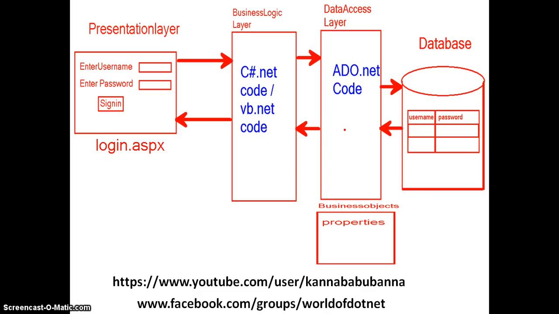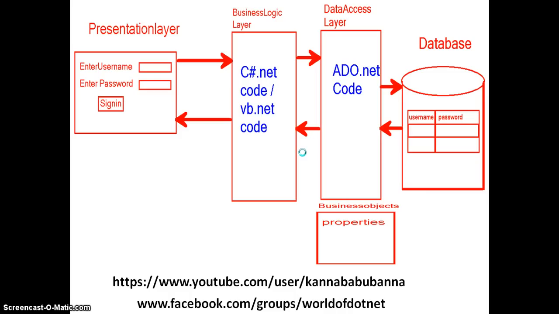Here the presentation tier receives the input and displays the output, the business logic tier processes the business logic and makes the calculations, and the database tier stores and manages the data, whereas the data access layer is generally used to interact with the database. In order to transfer the data between all these classes, we will go for properties. So generally properties are used to transfer the data between the classes.